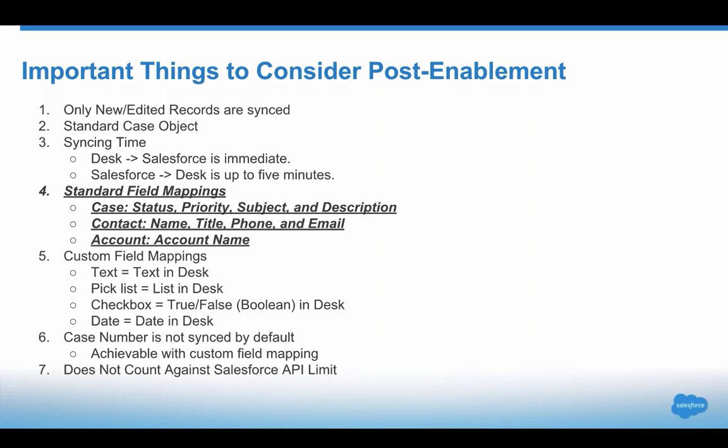So when we enable Desk Connect for cases, we'll be able to map the status, priority, subject, and description without any additional setup. Now for contacts, it'll be the name, title, phone, and email. And for accounts, it's the account name. Now these are the standard fields that will get automatically mapped once we enable Desk Connect.